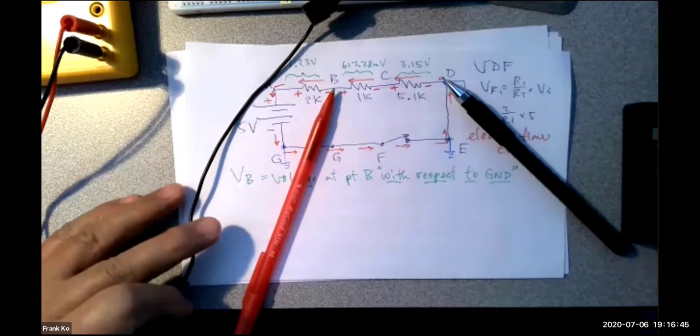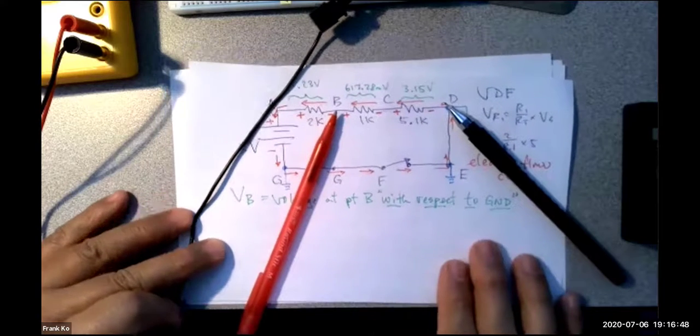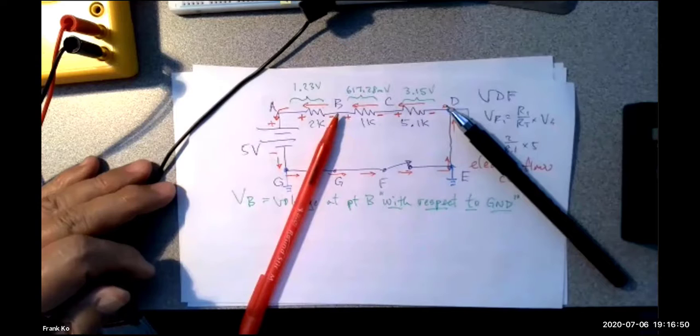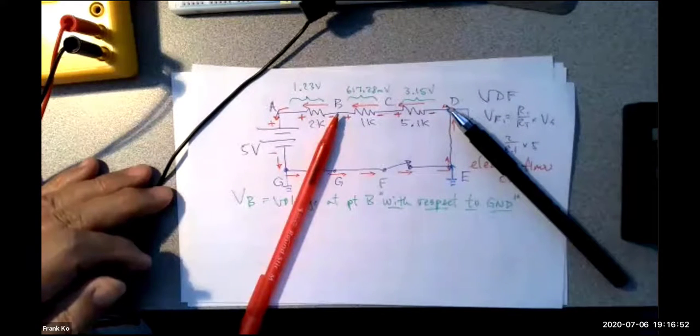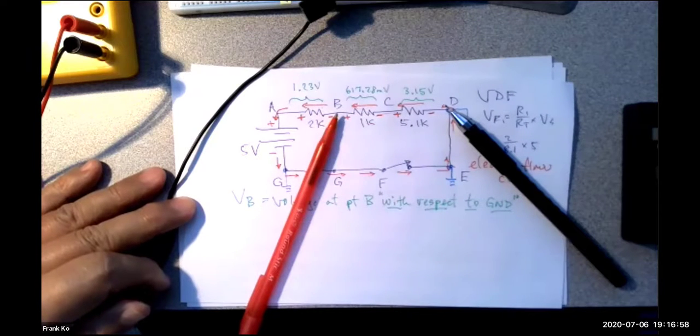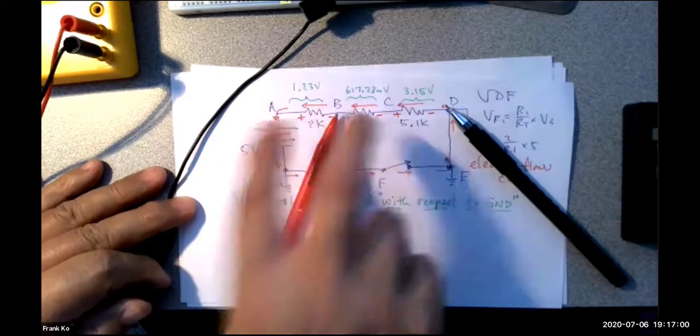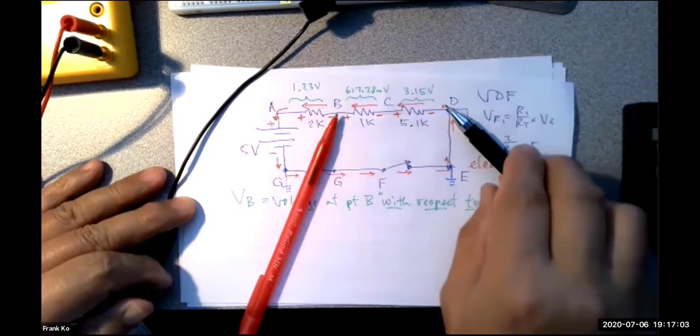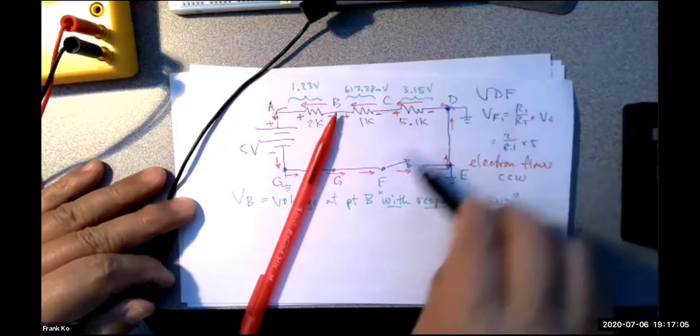If you're not looking at the board, you're looking at my schematic. My schematic says my pen is at point B, which is between the two resistors, and my black probe is at ground.